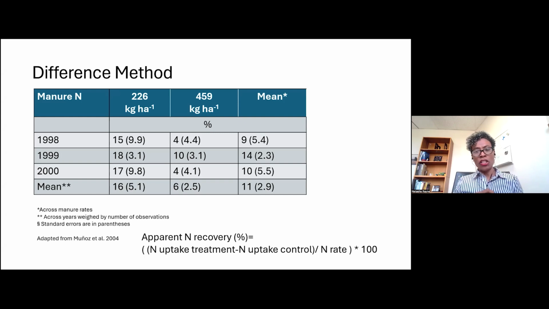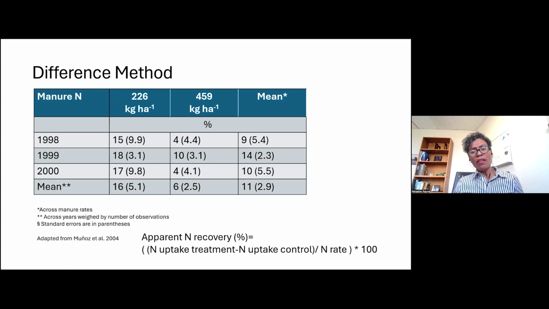This is just a study to show where this difference method was used to calculate nitrogen recovery. So how much of that nitrogen from the manure ends up in the crop?